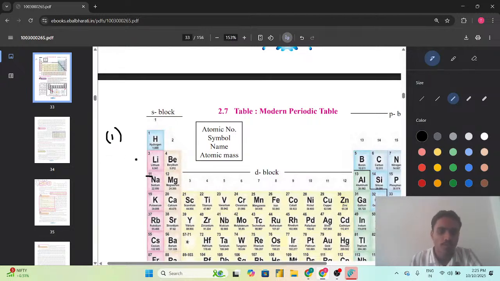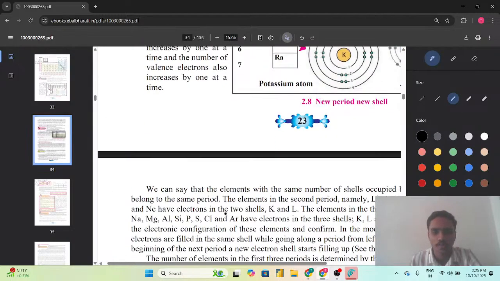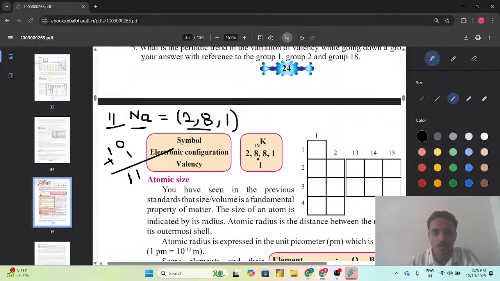For lithium, it will be 2, 1, that is 3, as lithium has atomic number 3. For sodium we have seen 2, 8, 1. For potassium, the electronic configuration is 2, 8, 8, 1. So the valence electrons come to be 1.